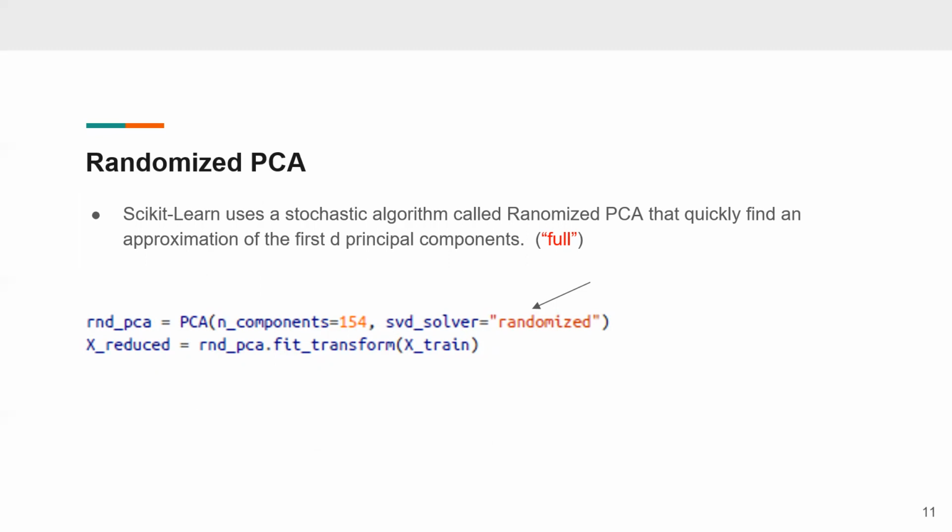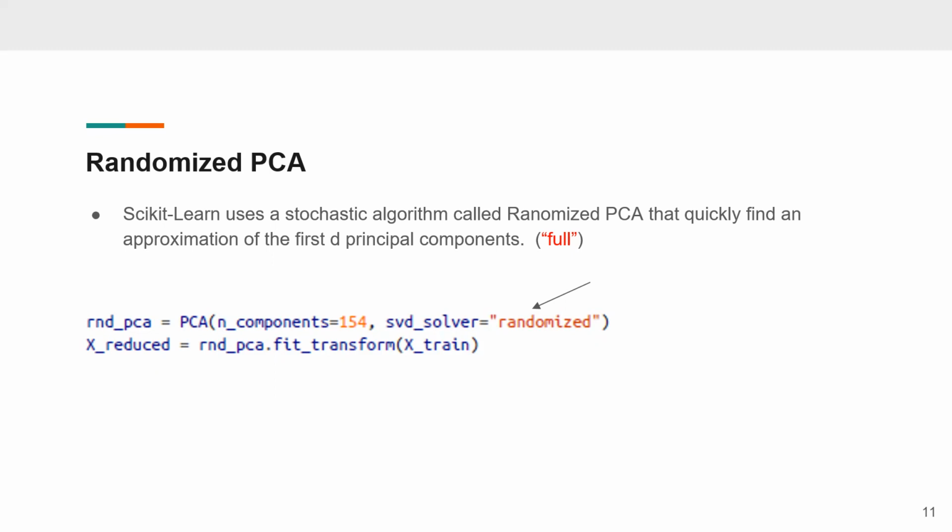There are some other variations of PCA. One of them is called randomized PCA. Scikit-learn uses a stochastic algorithm called randomized PCA that quickly finds an approximation of the first d components. We're not actually going to go through the theory behind it, but be aware that if you use SVD solver equal to randomized, then you're already leveraging randomized PCA.